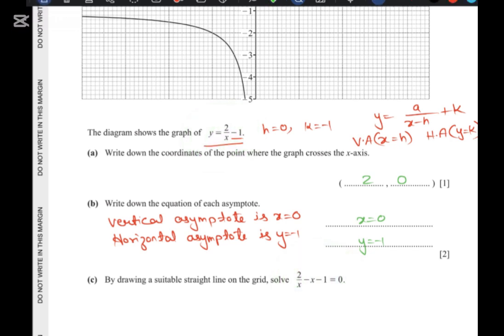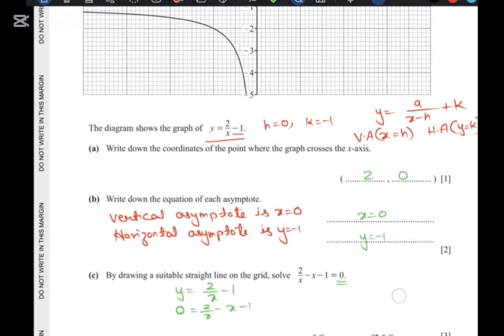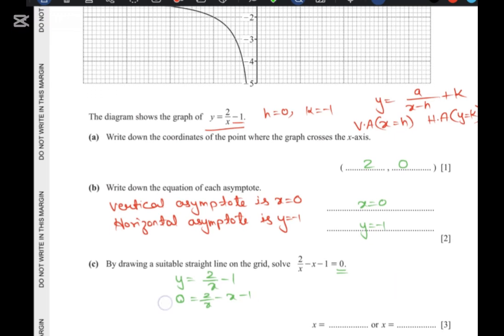Take y is equal to 2 by x minus 1 and y is equal to 0, because this is 0 given here, so 2 by x minus x minus 1. Subtract these two equations by changing the signs. So y minus 0 is y. This gets cancelled. 1 is plus, 1 is minus. You are left with x.